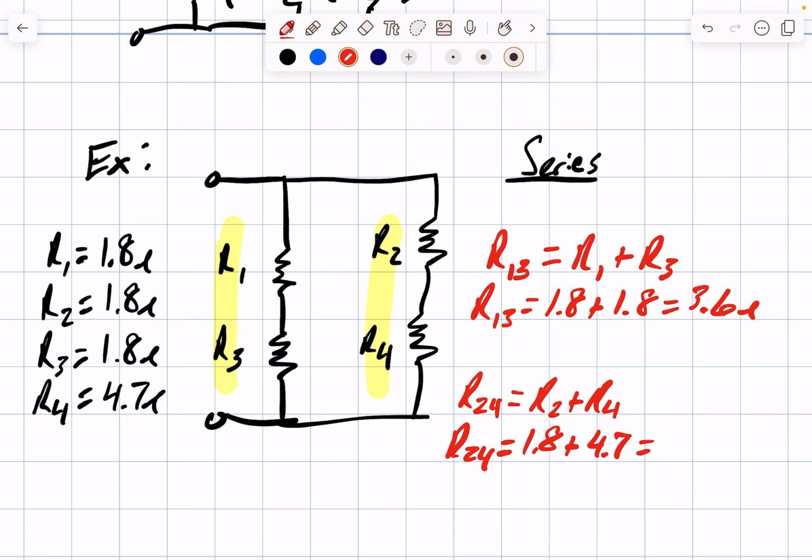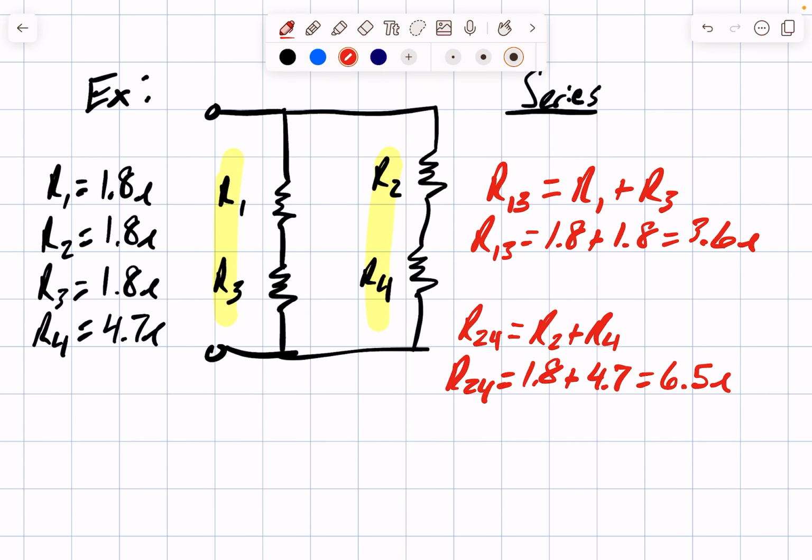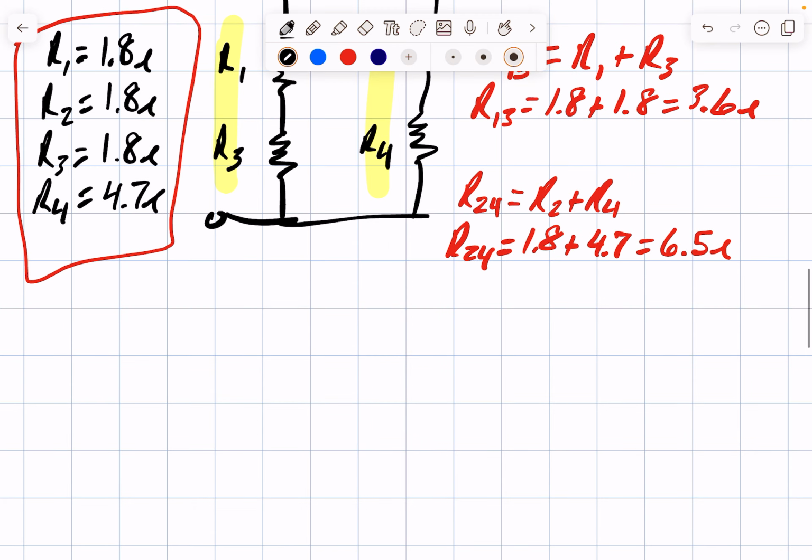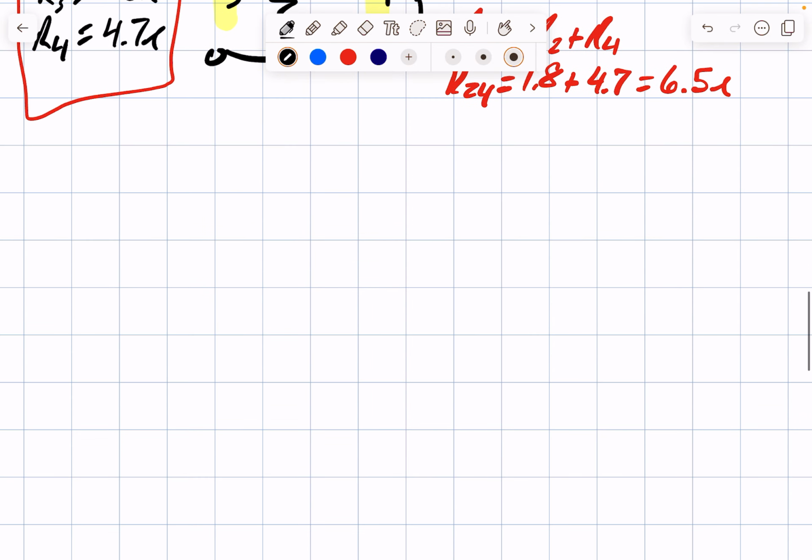And then adding those two together, we get 6.5 ohms. And by the way, these numbers I got here for R1, R2, R3, and R4 just came from the side here. These are the given values already for the circuit. And so since we have made these into series combinations, now we can redraw this circuit as just a parallel combination of resistors.